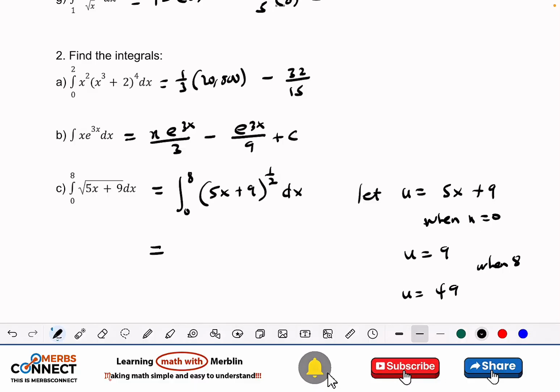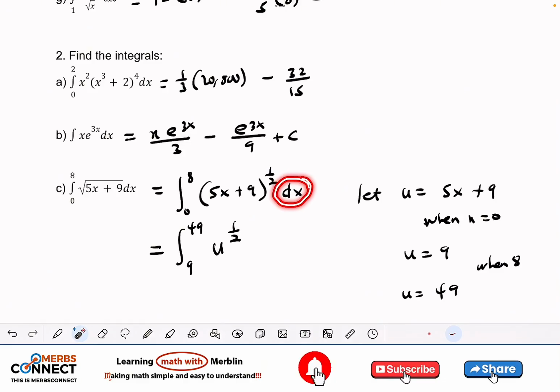So the lower limit is 9, the upper limit is 49. Then this guy right here is equal to u, so we are going to have u to the power 1 over 2. Then we need to change the x to u because now it is in terms of u.